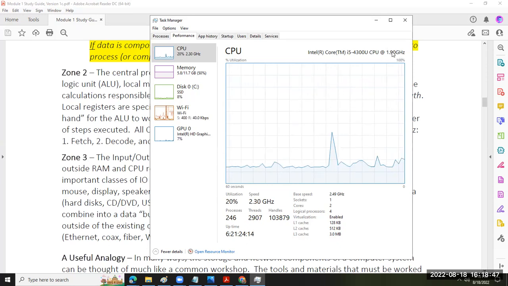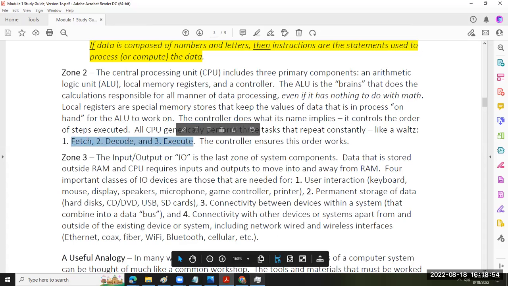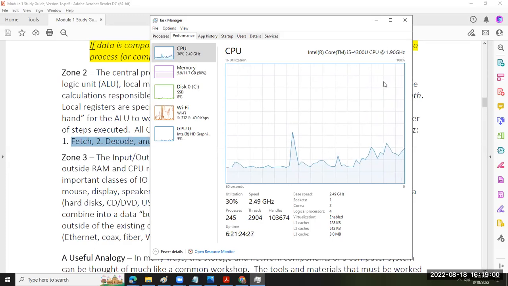Hertz is cycles, computing cycles. It takes so many cycles to do a fetch, decode, and execute. If you have a gigahertz CPU, that might be a well-suited CPU to perform certain scientific computing tasks if the sampling rate is not so intense.